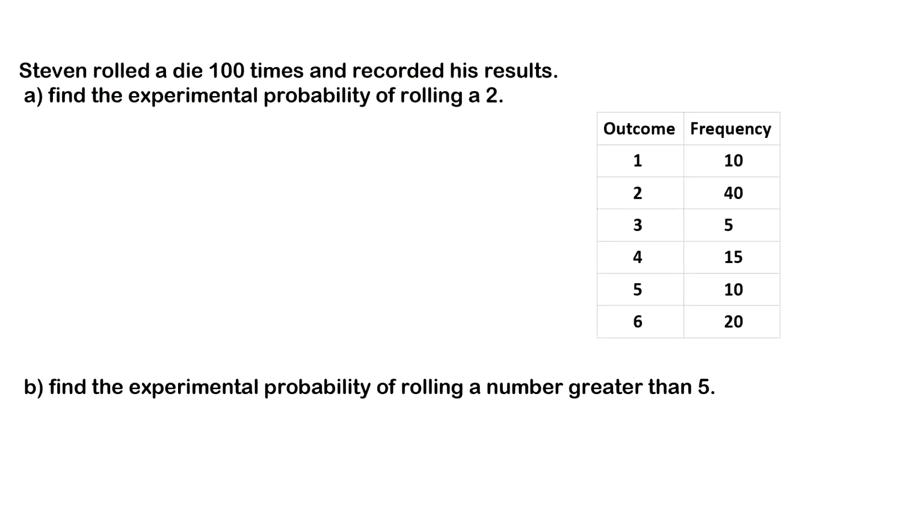On your screen you'll see a question. Stephen rolled a die 100 times and recorded his results. We need to find the experimental probability of rolling a 2.